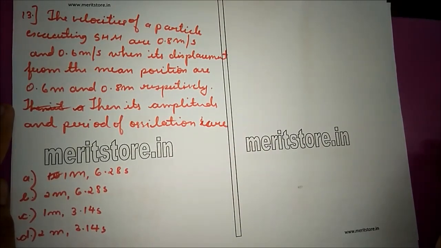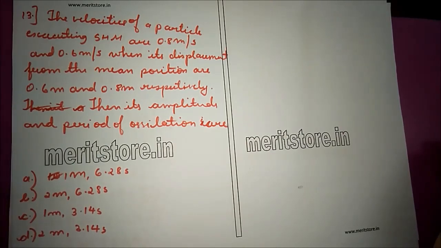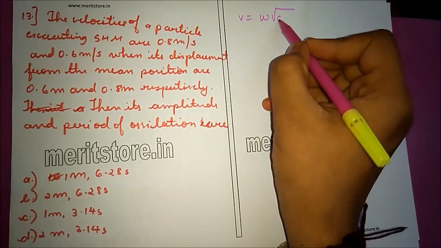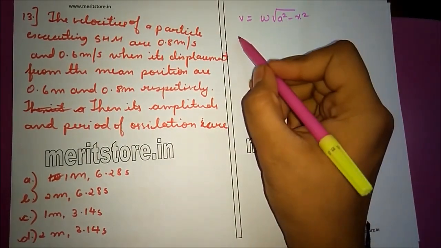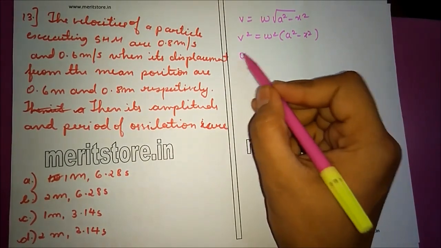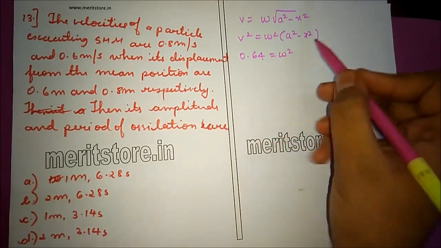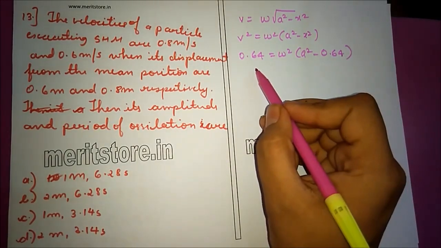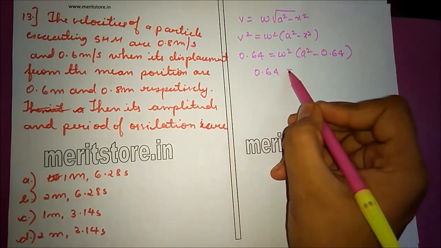Question 13. The velocities of a particle executing SHM are 0.8 meter per second and 0.6 meter per second, when its displacements from the mean position are 0.6 meter and 0.8 meter respectively. Then its amplitude and period of oscillations are. So we know that v is equal to omega square root of a square minus x square. v square is equal to omega square into a square minus x square. 0.64 is equal to omega square into a square minus 0.36.